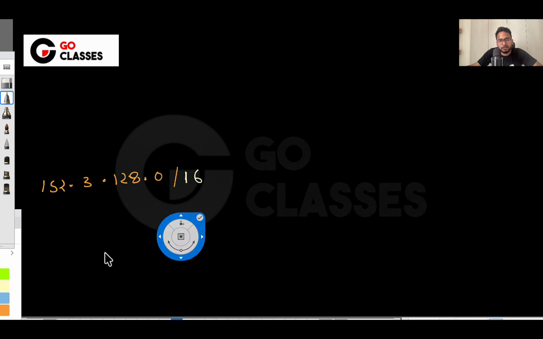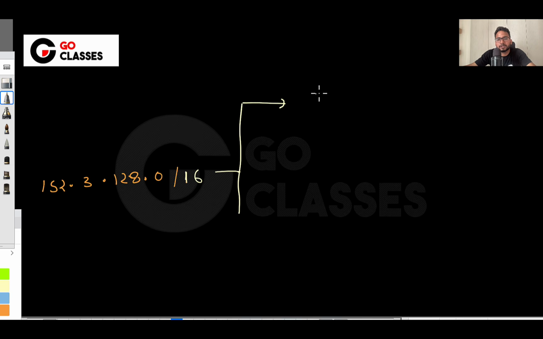So what does this mean? It means that the network bits are fixed. This notation means that the first address is 152.3.0.0, and the last address is 152.3.255.255.